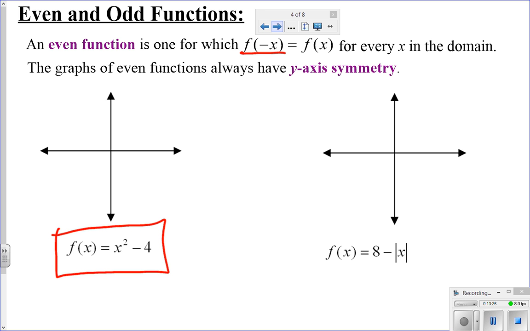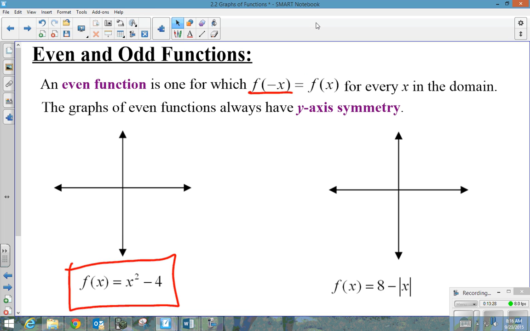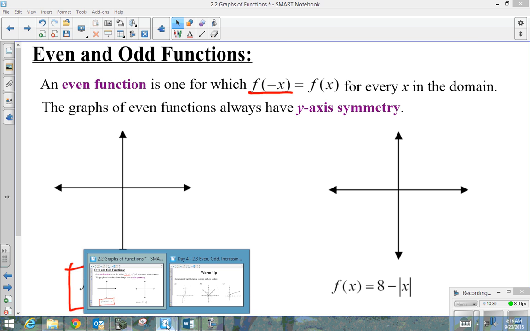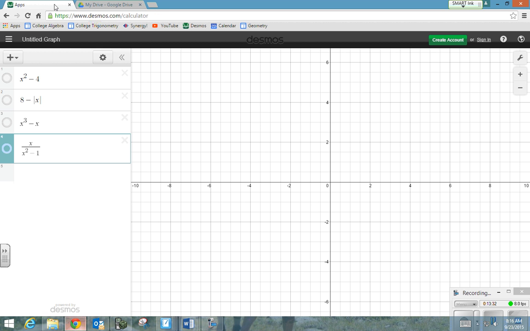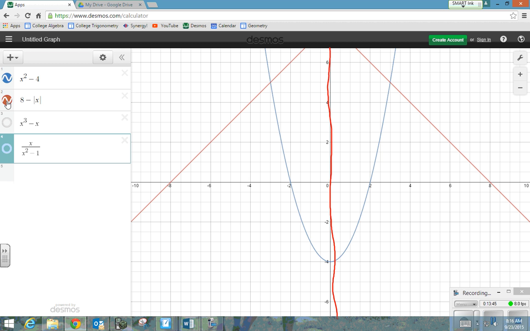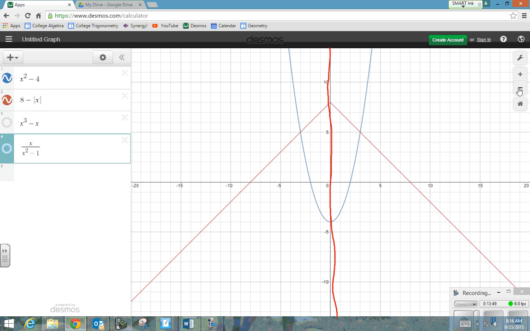Notice if we look at our graph of this function, we can see there's symmetry about the y-axis. And then also our absolute value function, 8 minus x, we can see that there's symmetry about the y-axis.